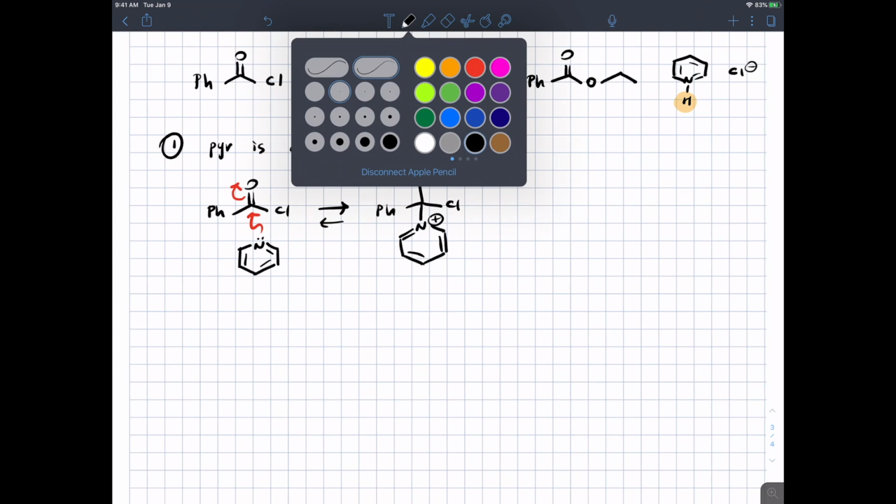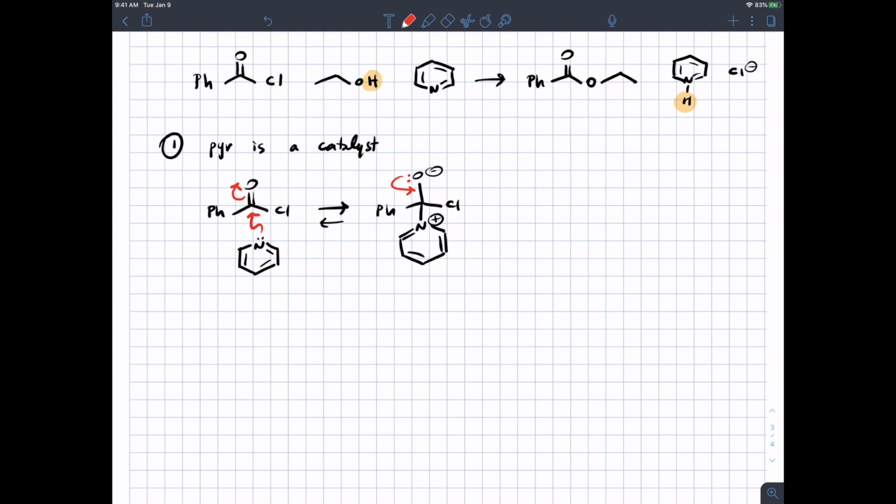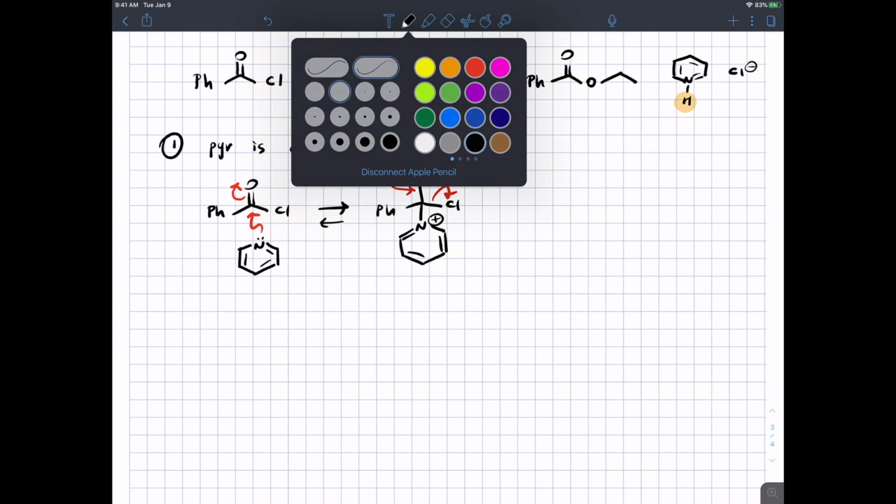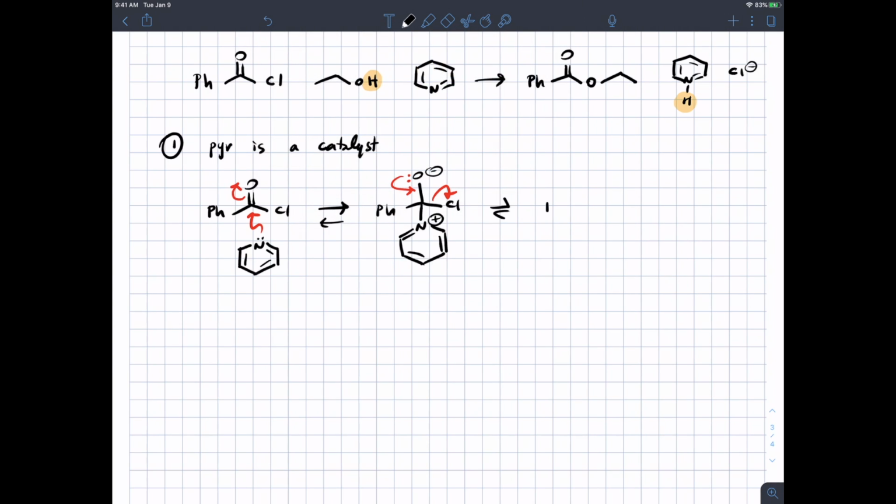All right, so tetrahedral intermediate, leaving group leaves. You get this sort of weird positively charged amide that can't be too happy, and the pyridinium group is a good leaving group. So then in your next step, the alcohol attacks. You get a tetrahedral intermediate again.